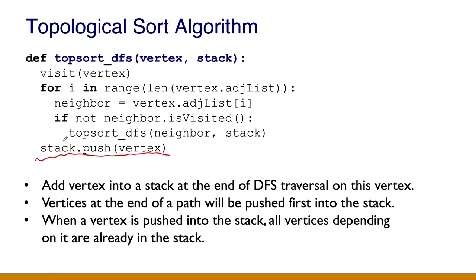That means that if we cannot perform any further exploration from the current vertex, then we'll push that particular vertex into the stack, right? So that ensures that at the moment when the vertex is being pushed into the stack, all the vertices depending on that particular vertex should already be inside the stack because you have made the recursive call already. Okay, so let's look at one example.